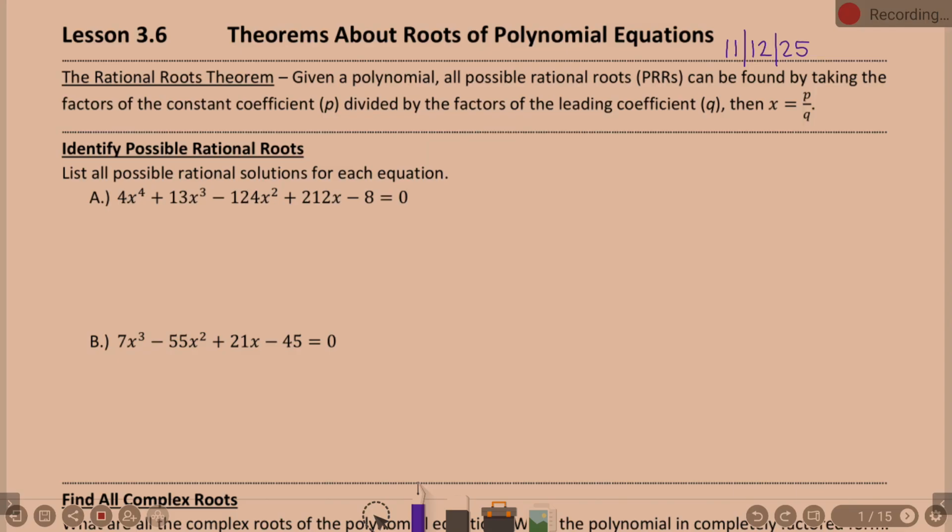Now, with that all said, the first thing we're going to talk about today is the rational roots theorem.